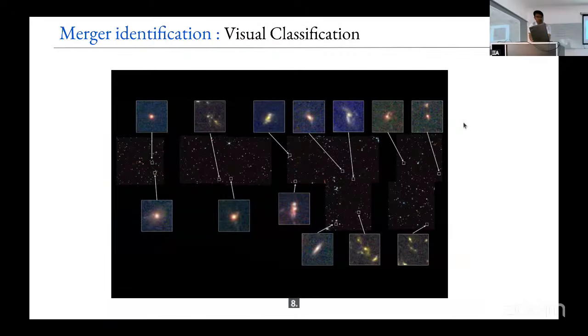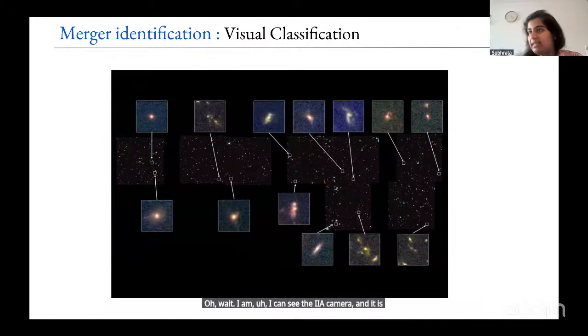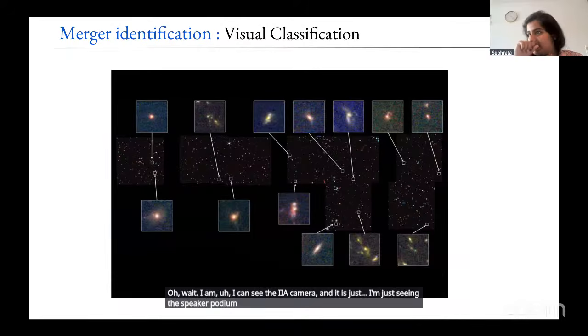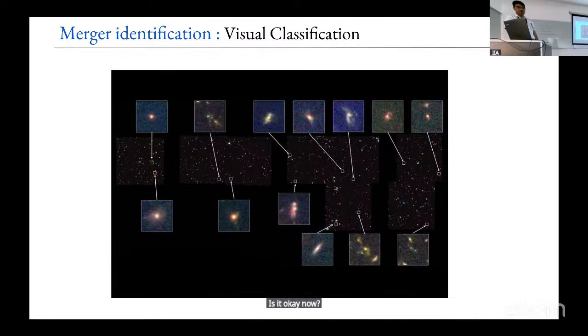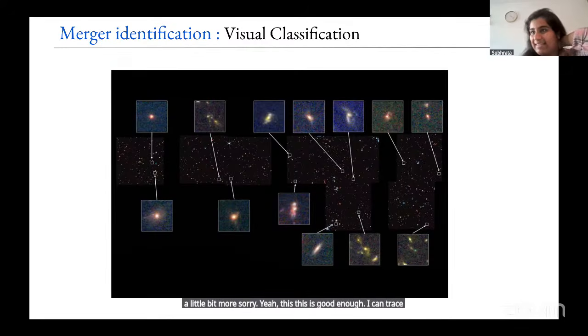The shooting camera is not... I can see the IIA camera and I'm just seeing the speaker podium, not the screen. Yeah, a bit more towards the right. A little bit more, sorry. Yeah, this is good enough. I can trace it.